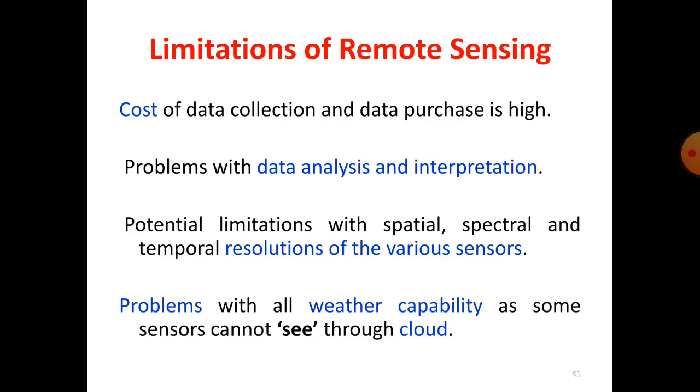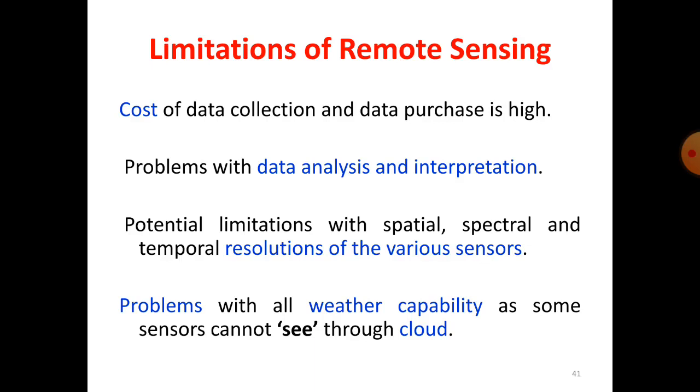Fine students, remote sensing also has some limitations, that is drawbacks. Number one, the cost of collection and purchase of data is very high, so it is non-economical. Then analysis and interpretation of the data also are problematic.